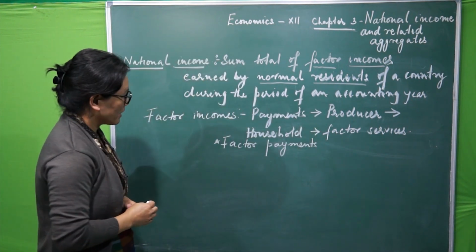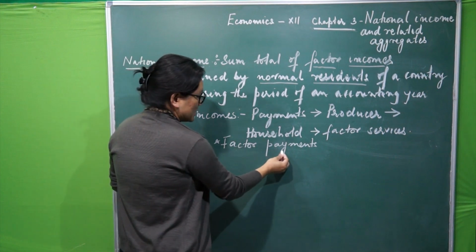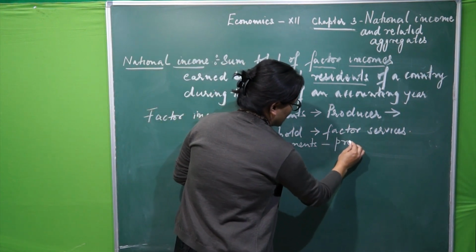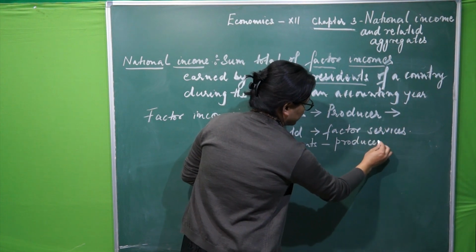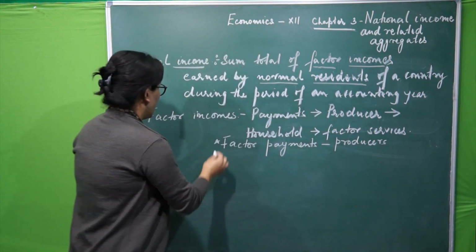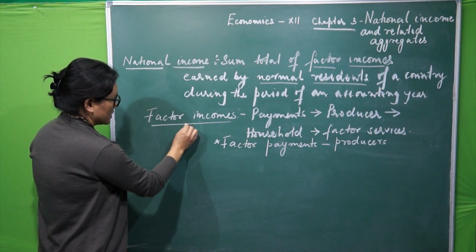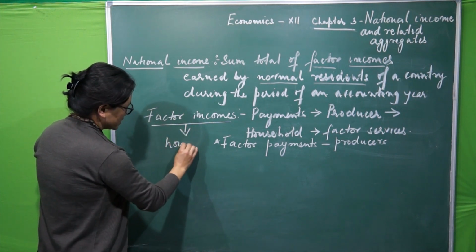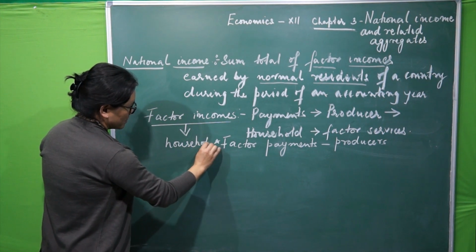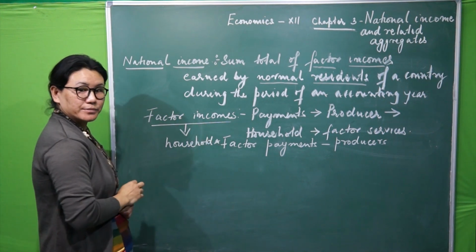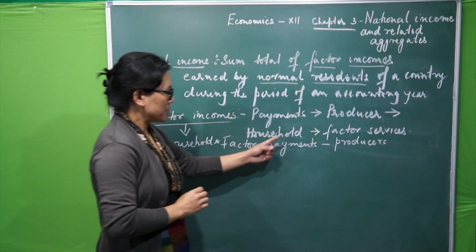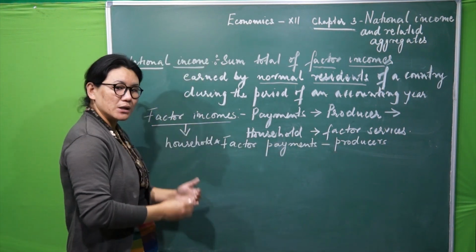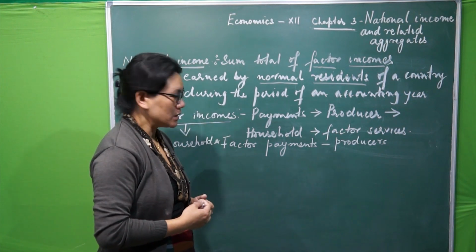Factor payments are made by the producer and factor incomes are received by the household. Got it? Factor payments are made by the producer, and factor income is what? Income that is received by the household.